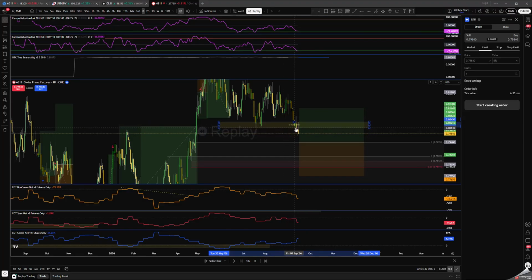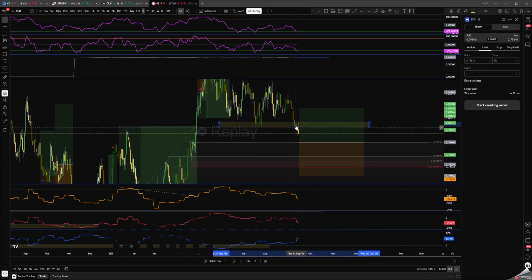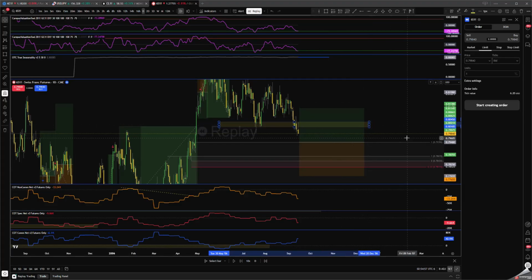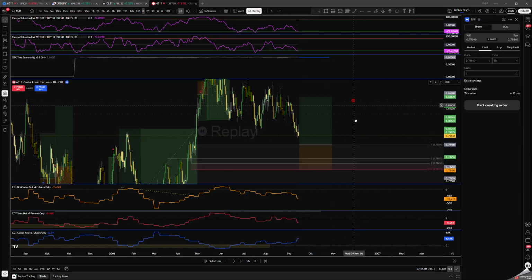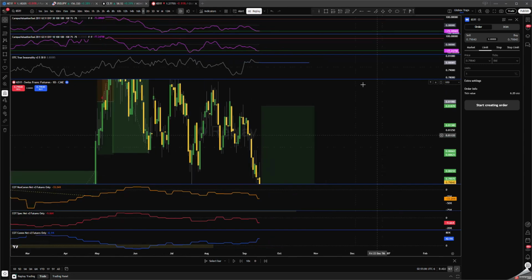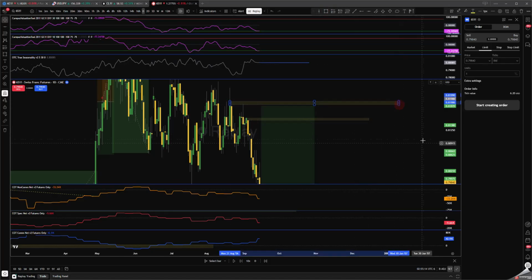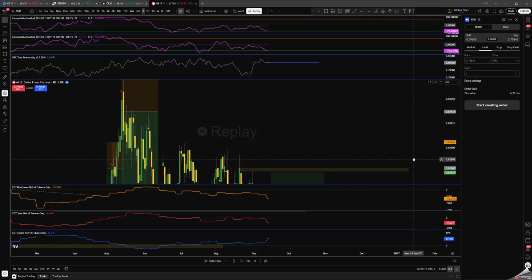Price has touched here once, twice, 3 times, 4 times, 5 times, 6, 7, 8. So it's kind of become a support zone at this point. And I see there's a gap here, which is very good for us. Gap, another gap here, which we can expect it to fill.